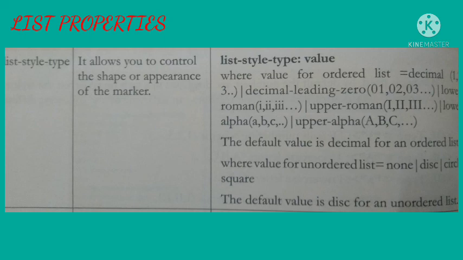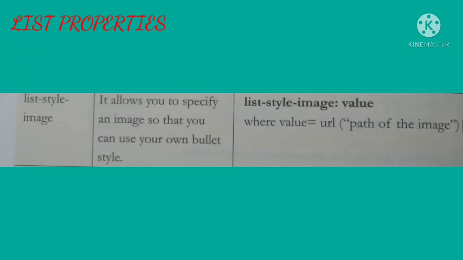Second one is list-style-image. It allows you to specify an image that you can use as your own bullet style. Syntax: list-style-image: value, where value is equal to the URL path of the image.